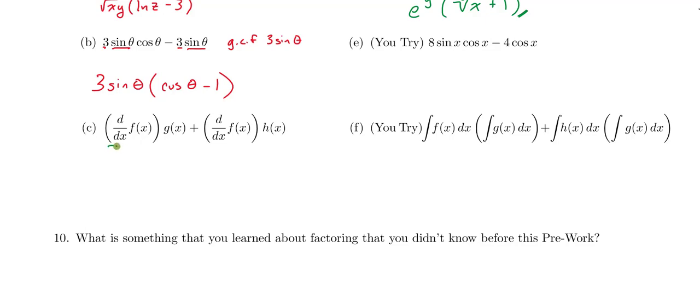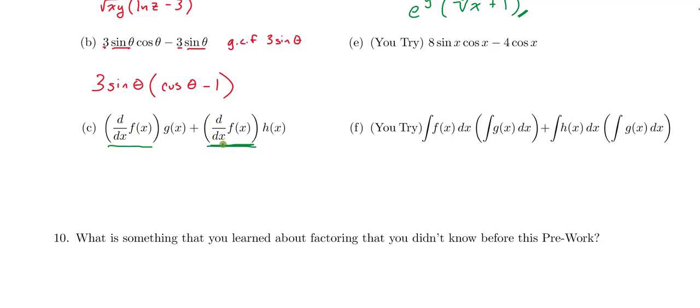Here I identify that this is some messy math expression, and hopefully my goal is that you don't understand this. And yet, you can still recognize that this could be thought of as a sum of two terms. Take a look at that. We've got a sum, and then we've got two terms. And hopefully you recognize then also that both terms share a common factor. Both terms have this d dx of f of x.